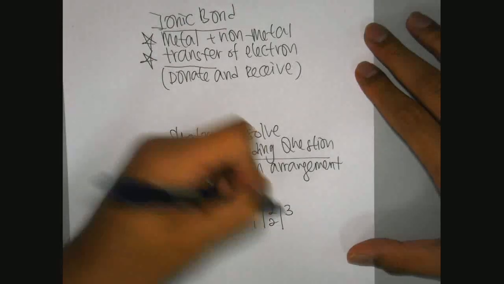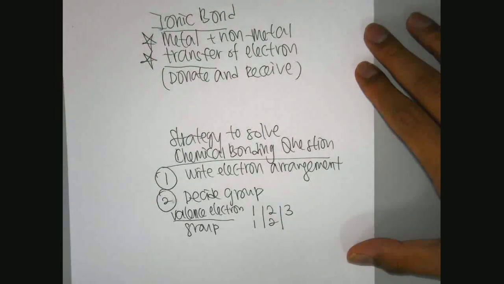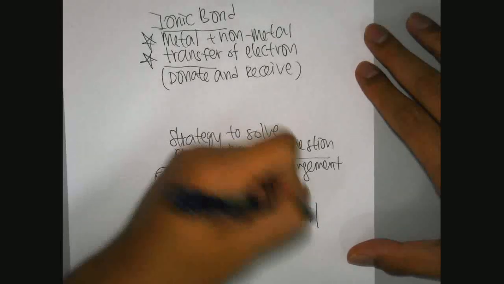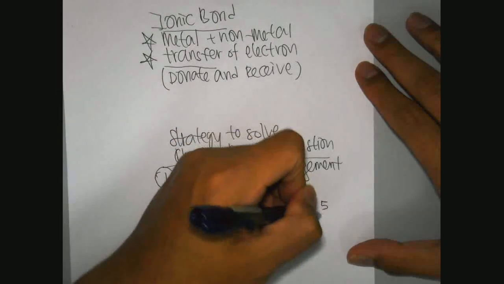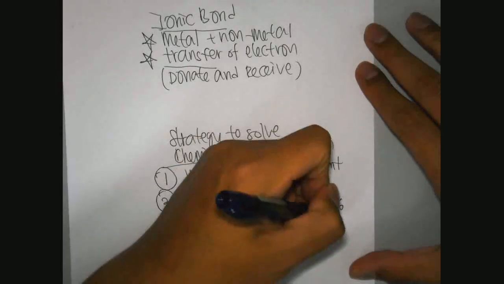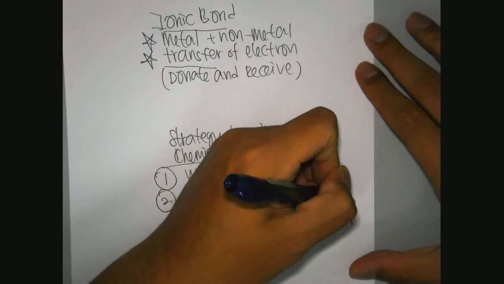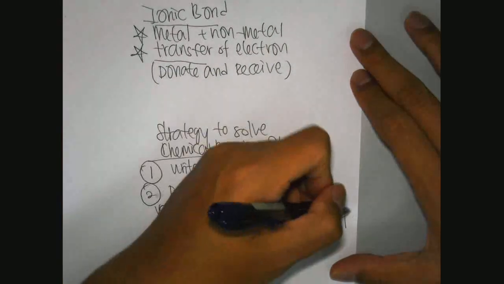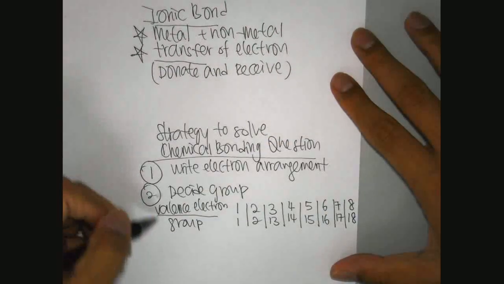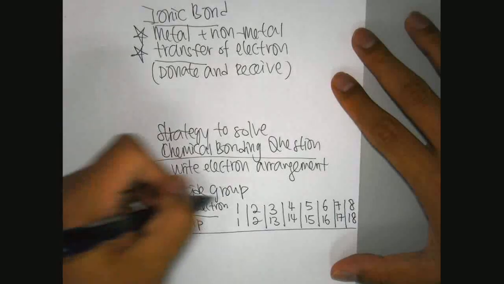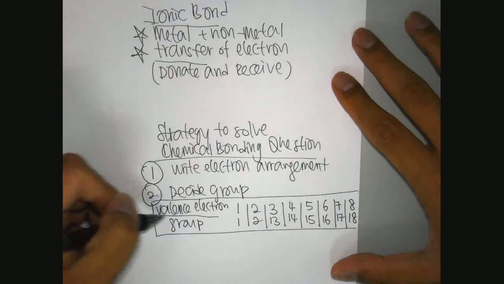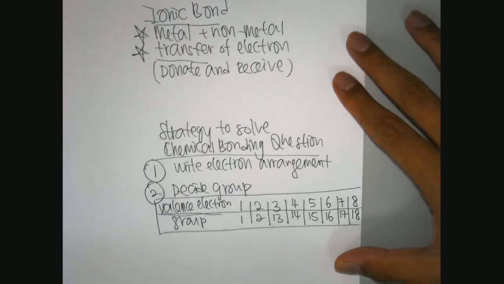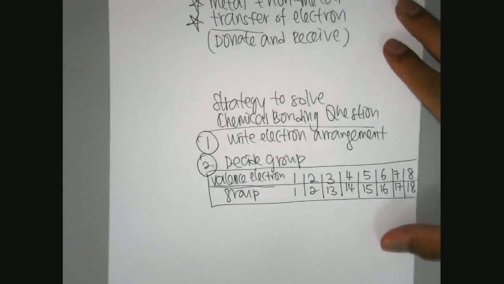If we have 3 valence electrons, from 3 we have to add 10, it becomes group 13. 4 valence electrons is group 14, 5 is group 15, 6 is group 16, 7 is group 17, and lastly 8 valence electrons is group 18. So please remember, starting from 3 valence electrons, we all have to add 10 to get the group number.